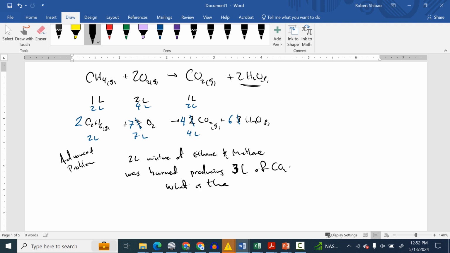What is the percent composition of the mixture?